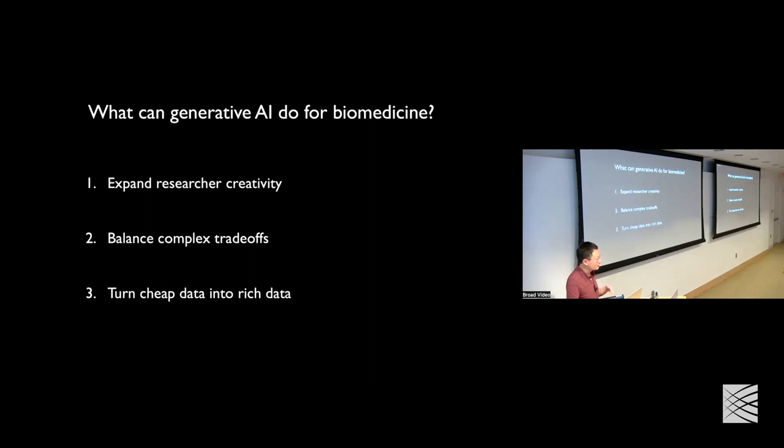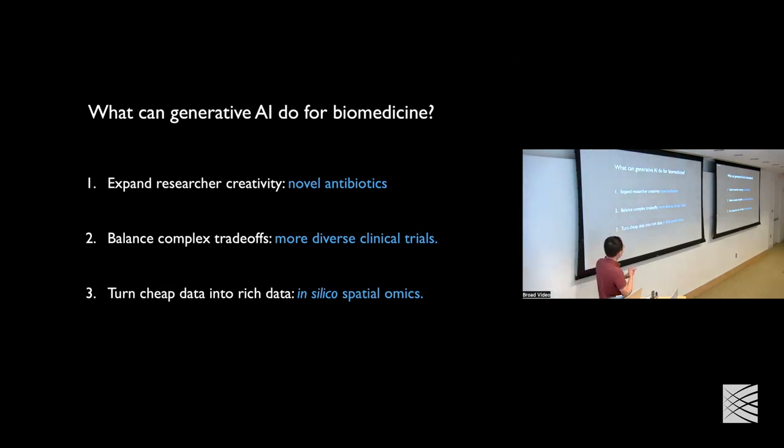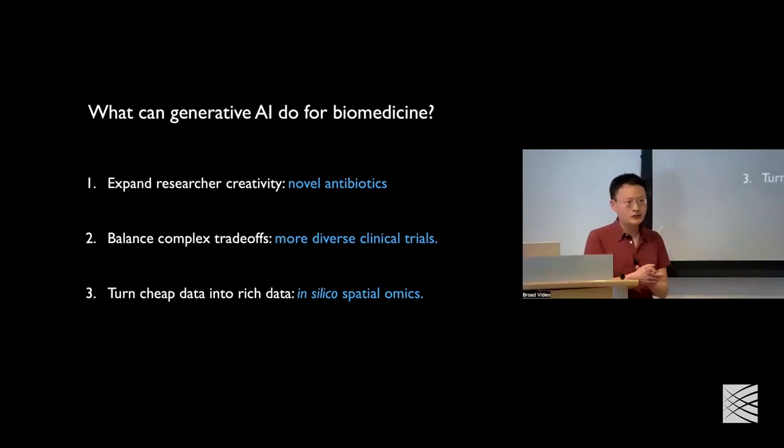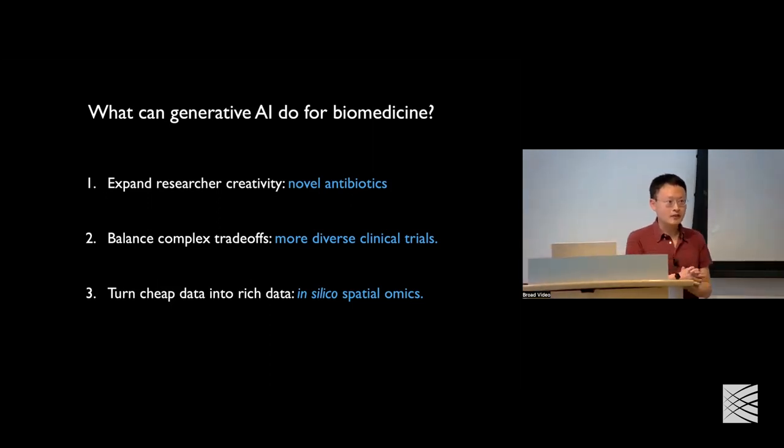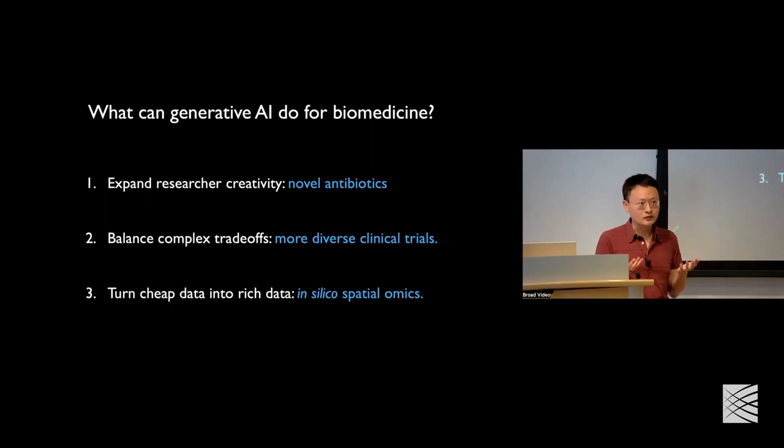So these are three broad directions that we're very excited about as applications of these generative AI approaches. I want to share them through a specific vignette for each direction. For the first one, I'll tell you about a recent story of how we used these generative models to design and experimentally validate novel antibiotics for pathogens that have developed resistance to the existing drugs. For the second, I'll tell you about how to use these models to design new clinical trials.